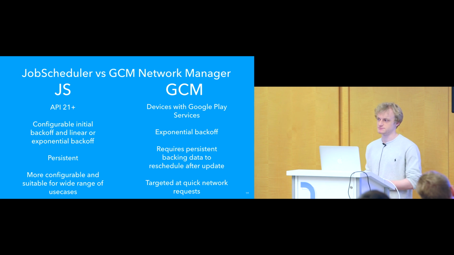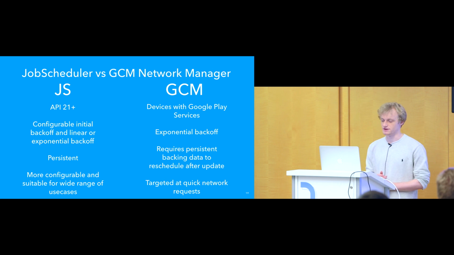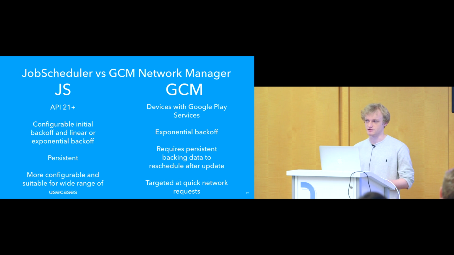If we had our YouTube subscription syncing app, there really wouldn't be a good place to stick that kind of syncing into our implementation with GCM Network Manager, because the wake lock won't be held for us. We would need to create our own service and then hold our own wake lock and drill down on battery without having knowledge of the options, of the triggers that caused us to begin the sync in the first place, like we get an onStopJob from JobScheduler.